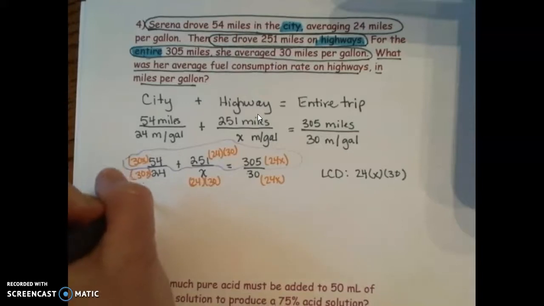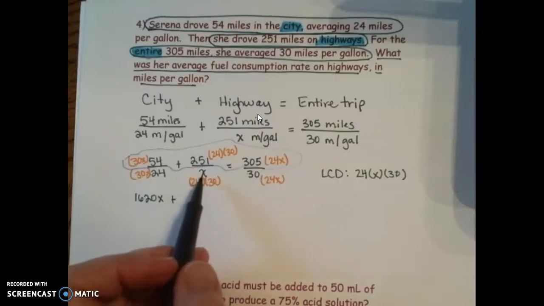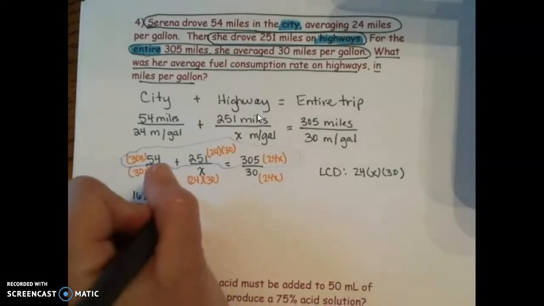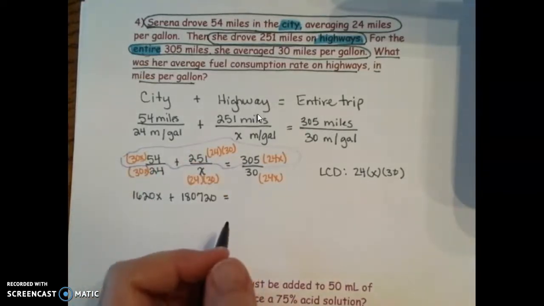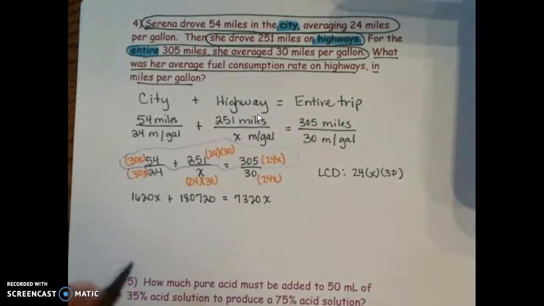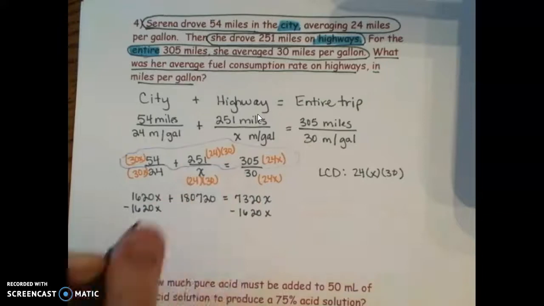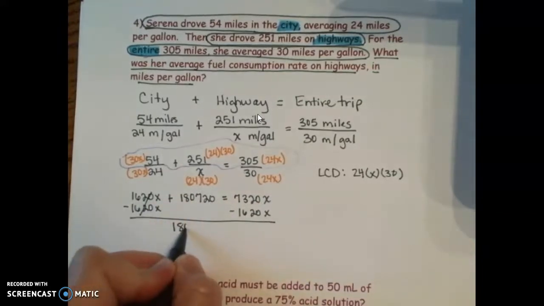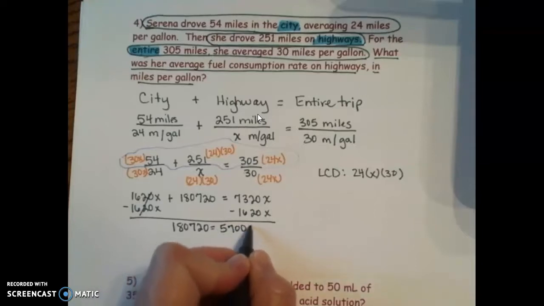for 1,620x plus 180,720 equals, and I'm just multiplying these, 7,320x. So then we're going to solve this equation. When we subtract those, we're going to get 5,700x.